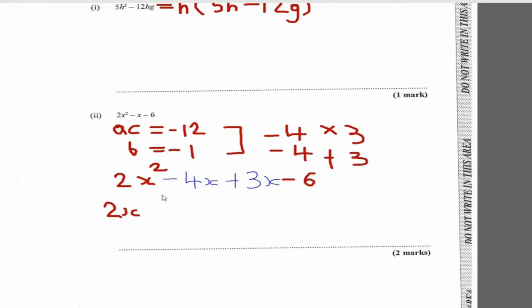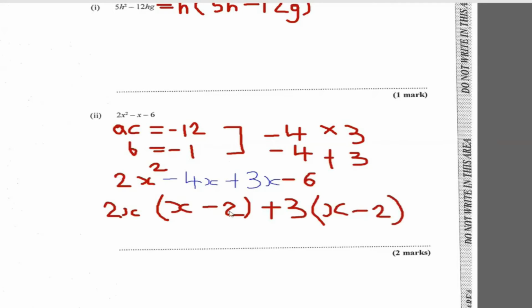Factoring out 2x, 2x squared divided by 2x leaves me with x, minus 4x divided by 2x leaves me with minus 2. Plus, the highest common factor among 3x and minus 6 looks like positive 3. So I factor out positive 3, and I'm left with x minus 2.